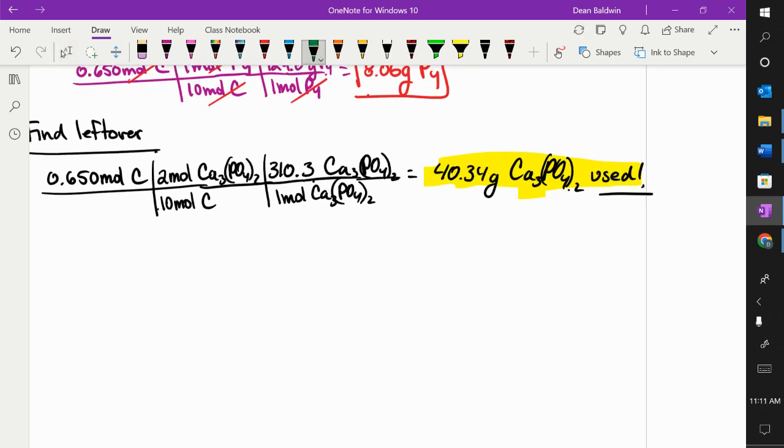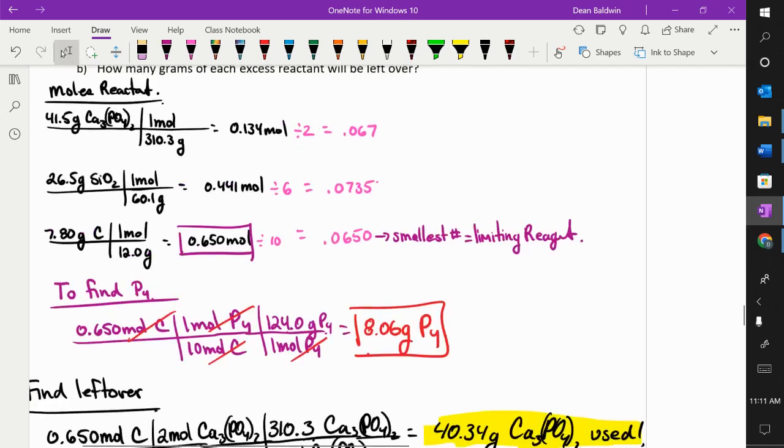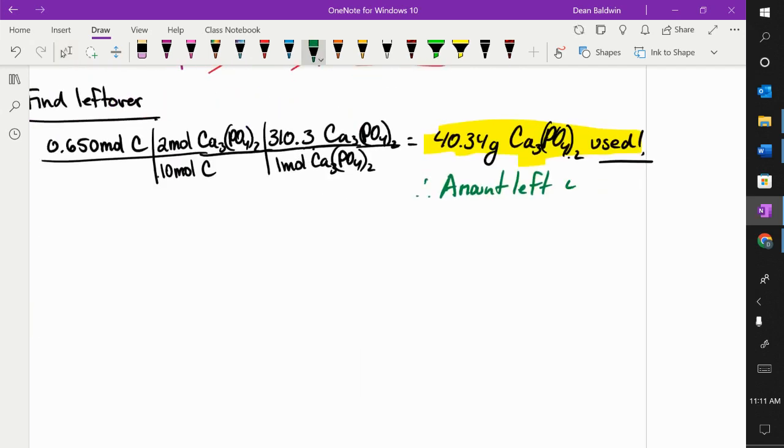So the amount left over, you just subtract that from the starting amount, which was 41.5. Which is 1.2. 1.2 grams left over.